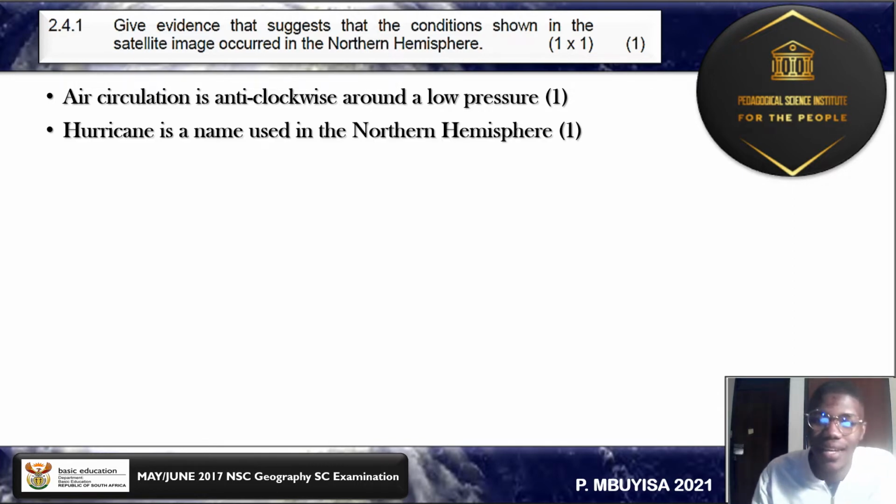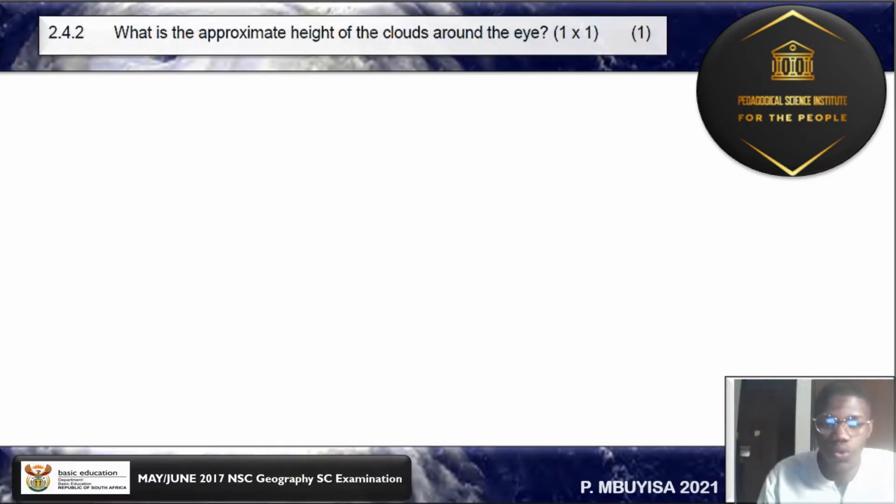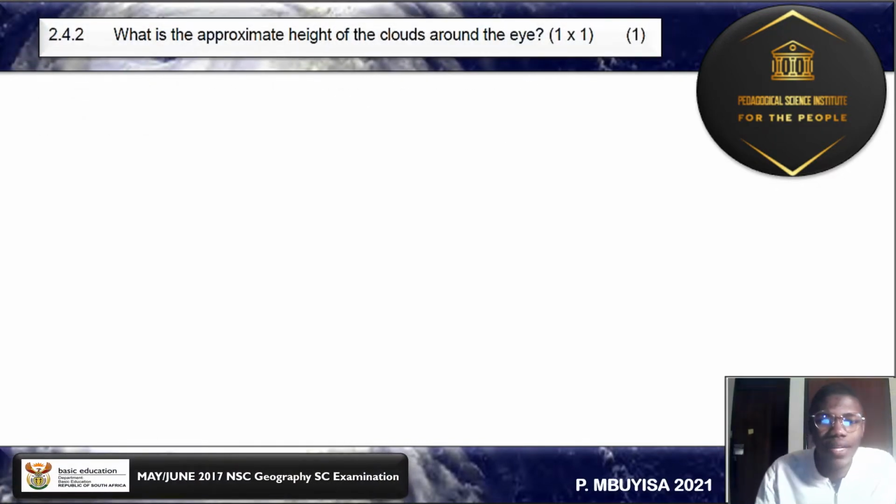So hurricane is the name that is used over there. Now, what is the approximate height of the clouds around the Earth? So they told you the approximate heights, 15 kilometers to 70 kilometers.